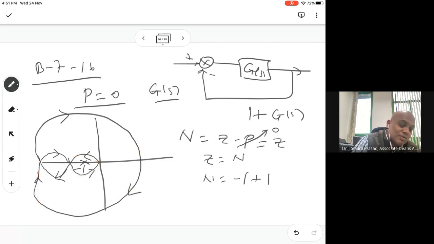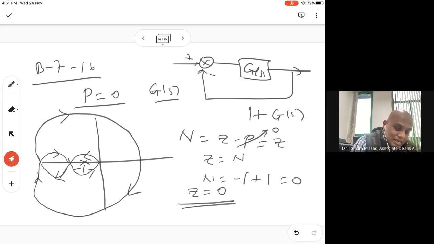So -1 + 1 equal to 0. Hence Z equal to 0. That means there is no zero on the right s-plane, so this system is stable.